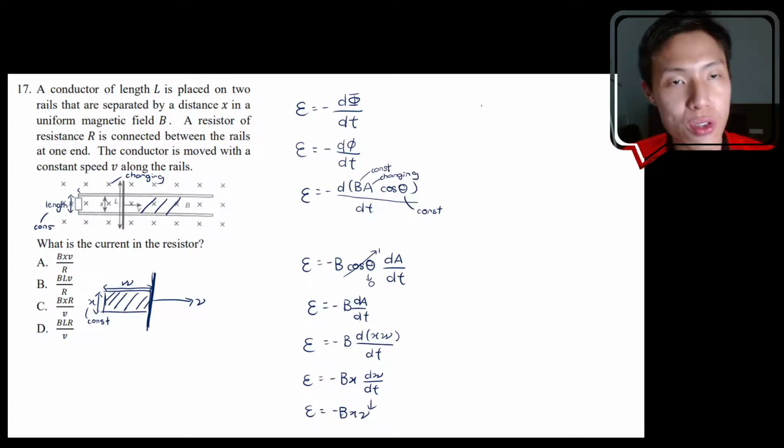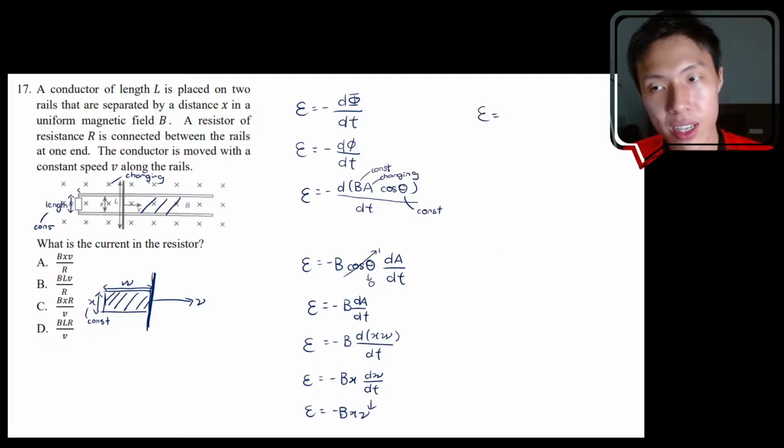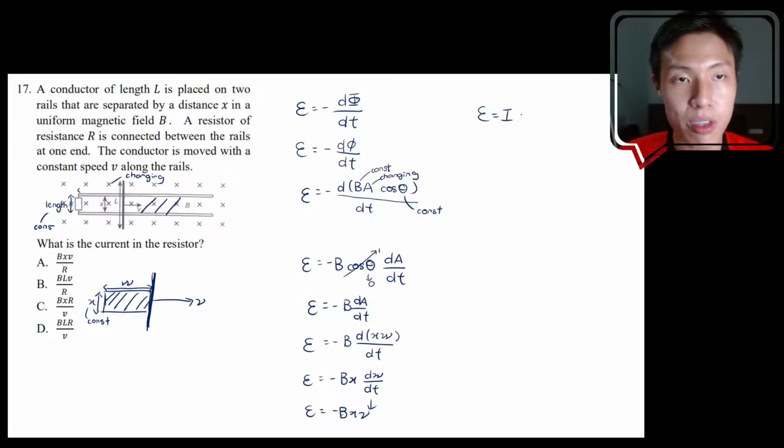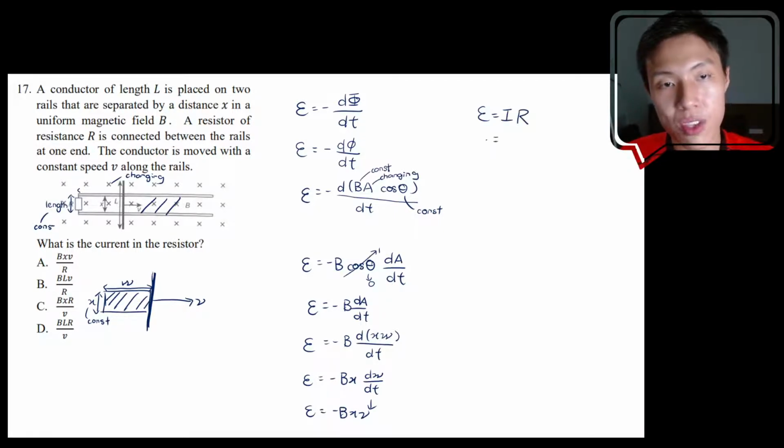Okay, so you also know that the induced EMF in this loop will be, like what we learned in chapter 3, equals to IR. This one is negative. I don't think they want the negative. They don't want to care about the direction. They just want everything in magnitude. So you don't need to care about the sign. You can just write like this. So you don't need to introduce direction.